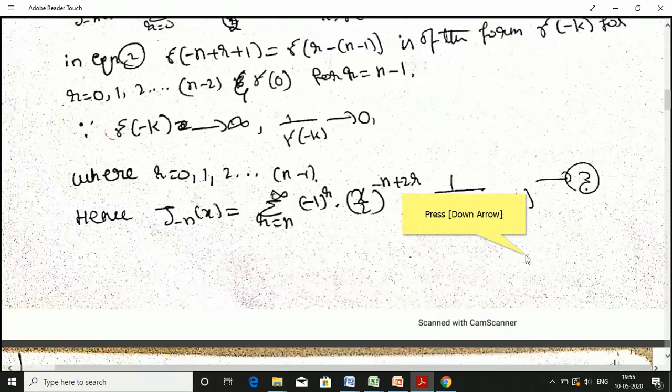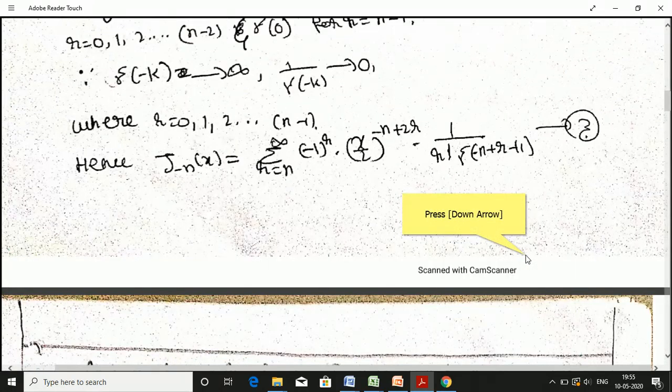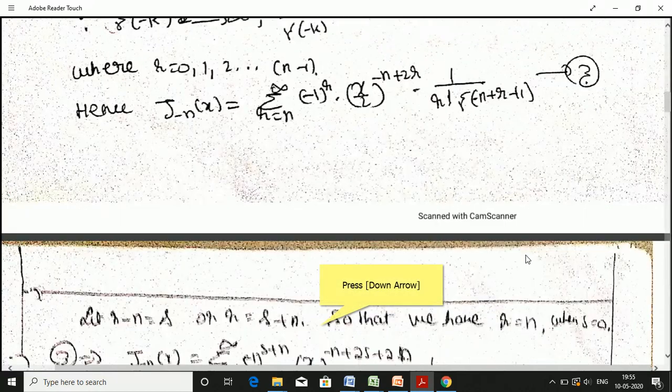Now put r minus n is equal to s, or r is equal to s plus n. So that when r is equal to n, s is equal to 0, and r is equal to infinity, s is also equal to infinity.